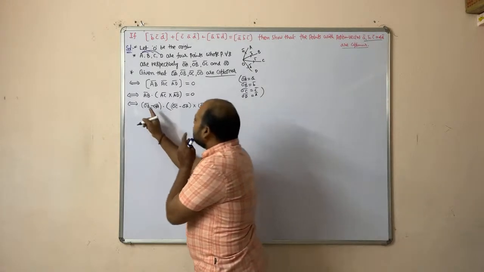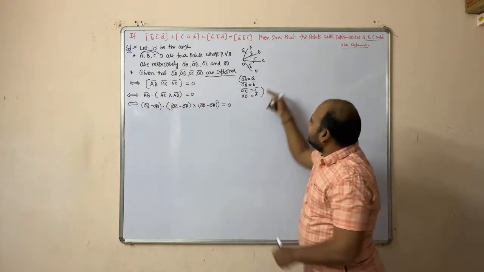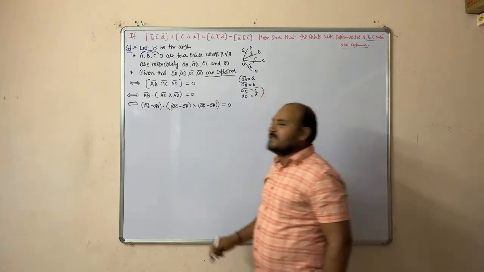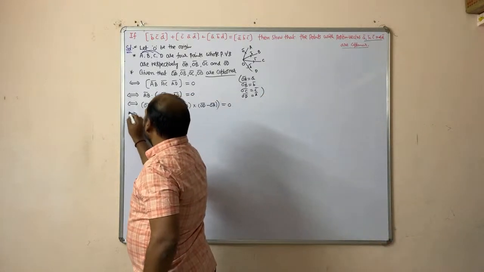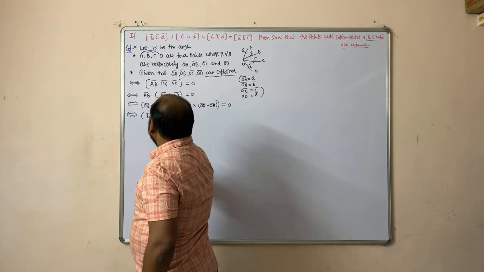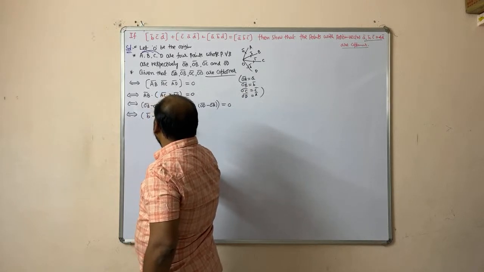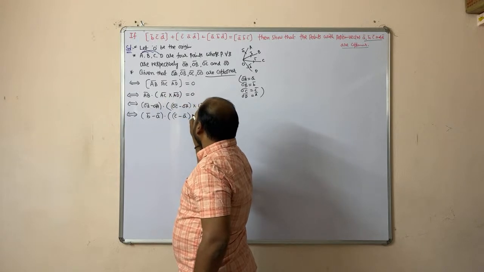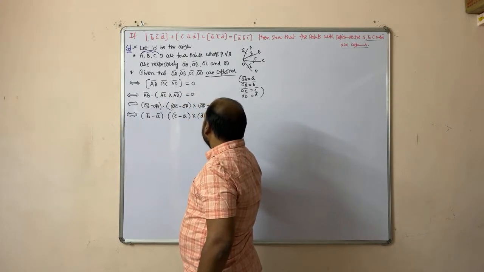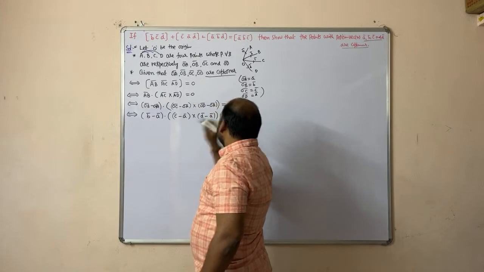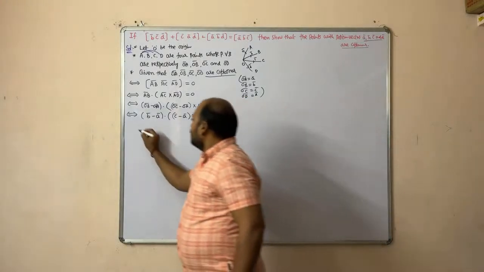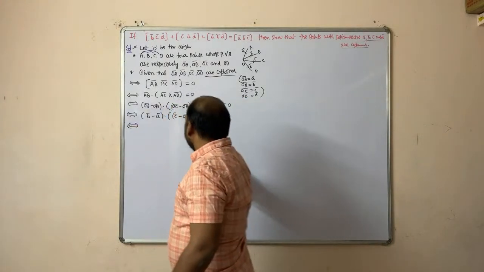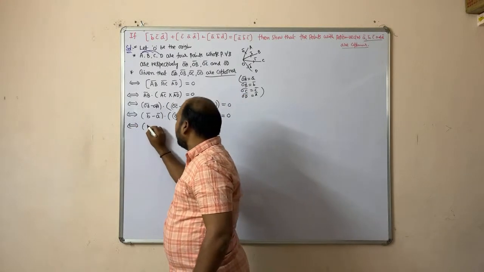First, in place of OB, OA, OC, we are going to replace these values. So, if and only if B bar minus A bar dot C bar minus A bar cross D bar minus A bar. So, first the bracket value we are going to simplify with the dot product.